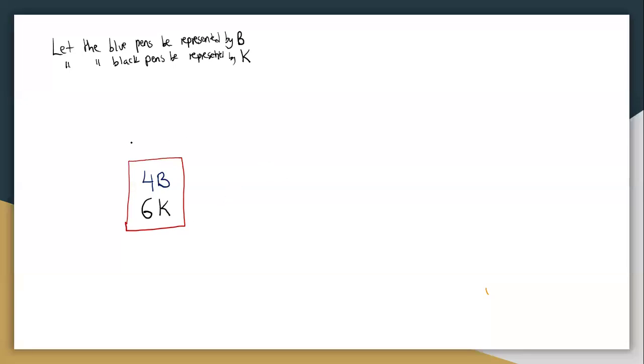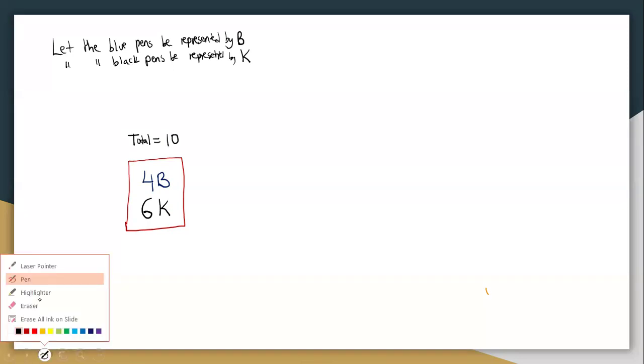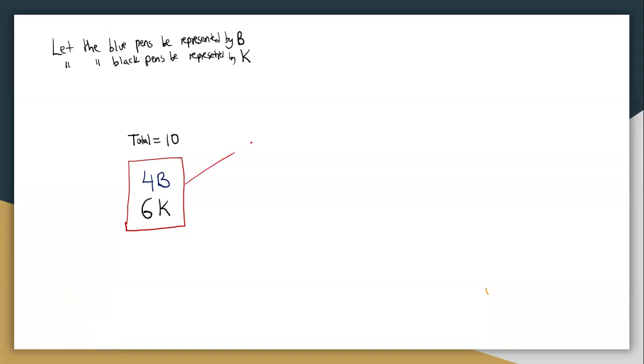Now, this is our bag, and we have said that the total, or what we call the sample space, is equal to 10. Like we have said, this is a tree, so we are going to draw a tree with branches. I'm going to draw the first one. This is my bag, and I'm going to pick. This is what we call the first picking.